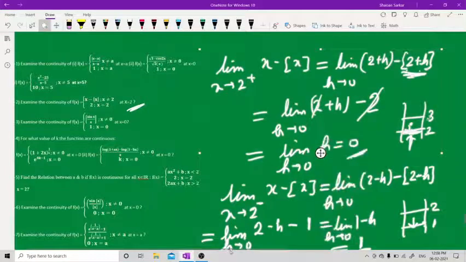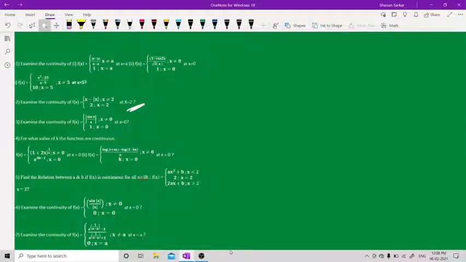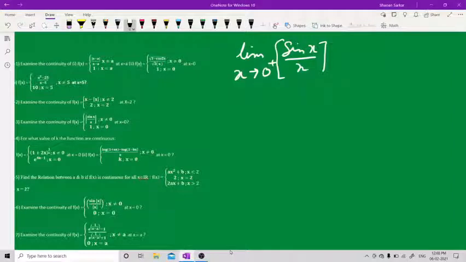Let's do the third one. I've already told you how to deal with this. The limit x tending to 0 plus, I'm taking the right hand limit, of the greatest integer of sine x upon x, the floor function, remember.